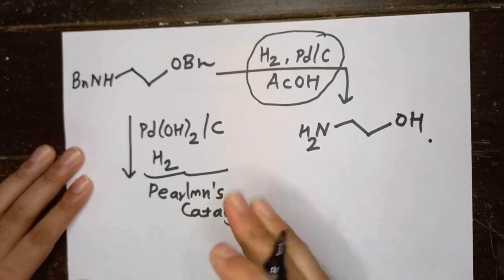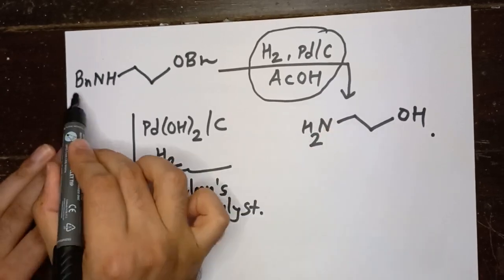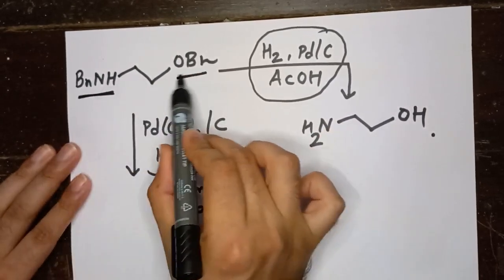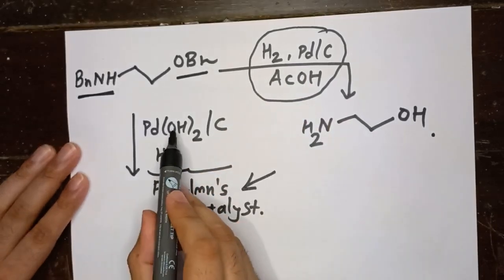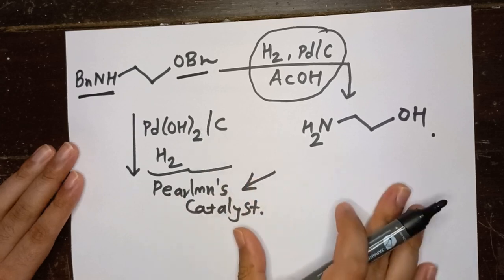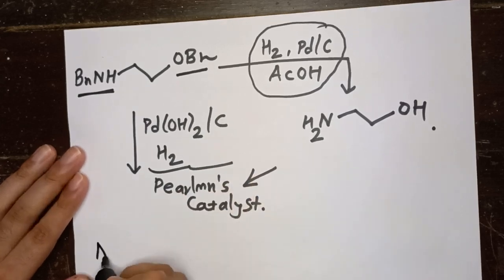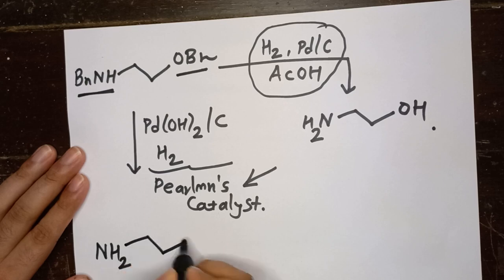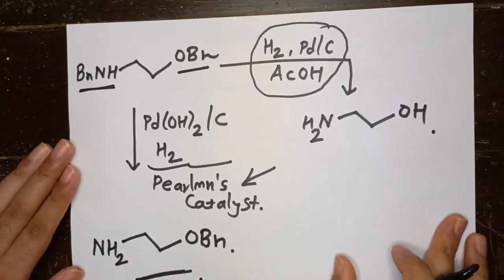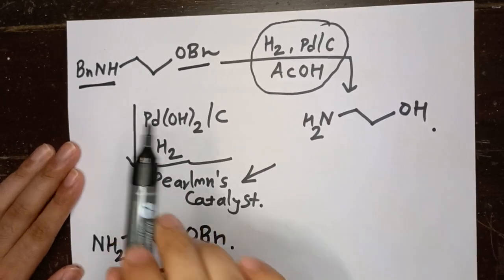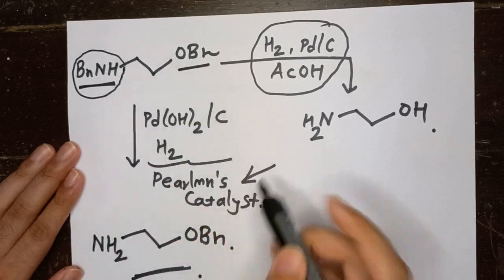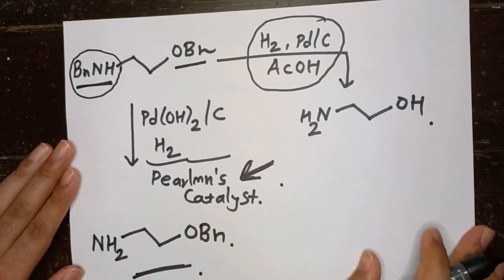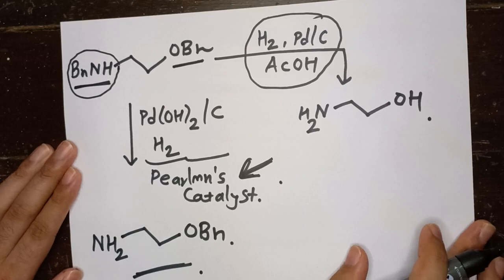But suppose you want to selectively deprotect the amine and keep your O-benzyl group intact, then you need to use Pearlman's catalyst, that is palladium hydroxide supported on carbon and hydrogen gas, and you will be able to generate this product. So this is something interesting, okay? You need to know that selective deprotection of benzylamine can be done using Pearlman's catalyst. So this is all about the benzyl protection.